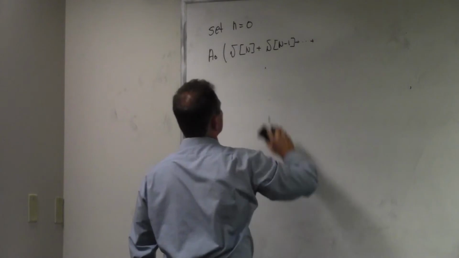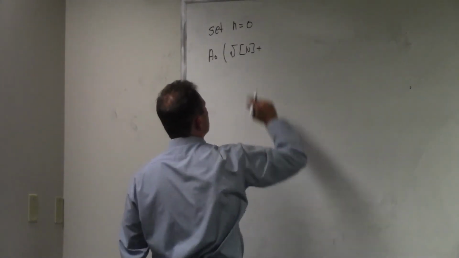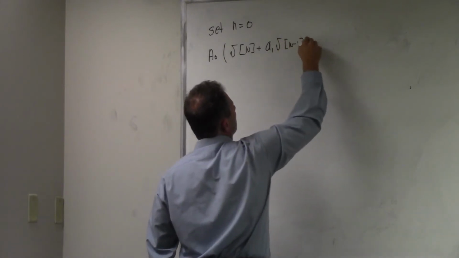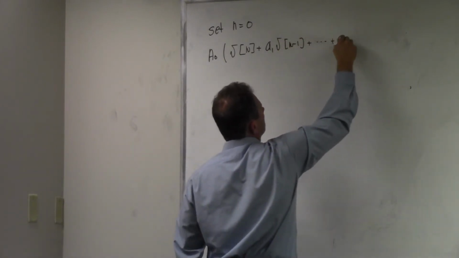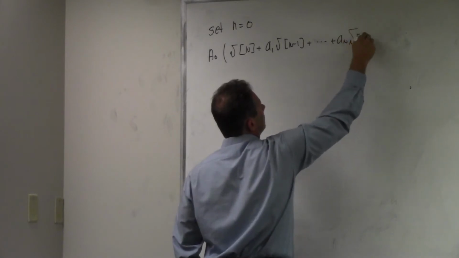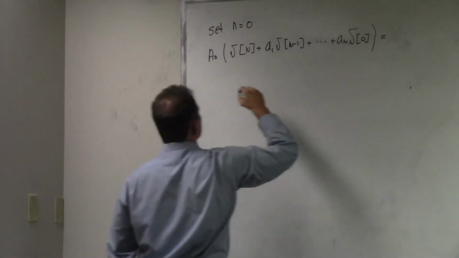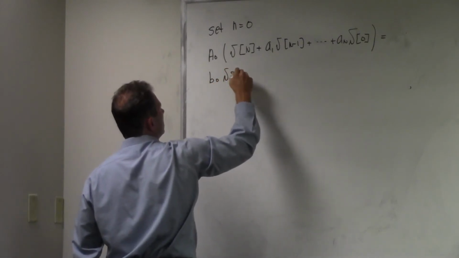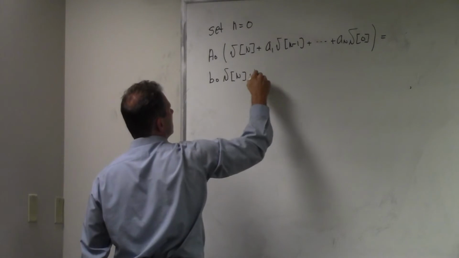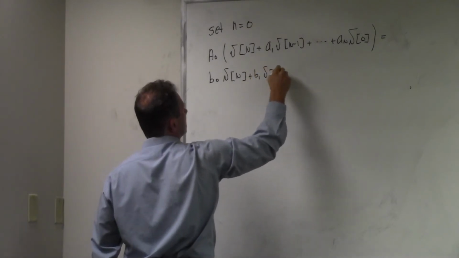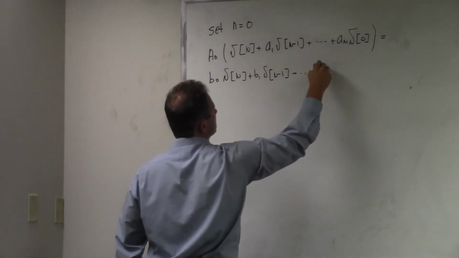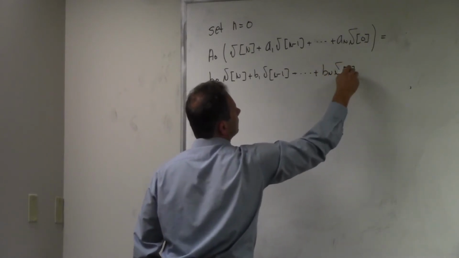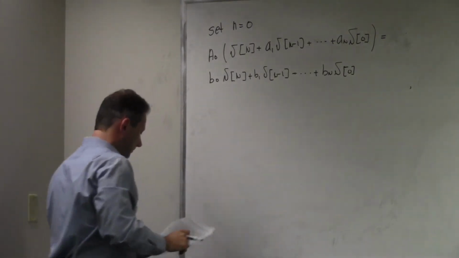Oh, I forgot the third here. Plus A1 delta n minus 1 and plus AN delta of 0 has to be equal to b0 delta of n plus b1 delta n minus 1 and plus and so on plus bN delta of 0. Okay, that's what needs to happen.